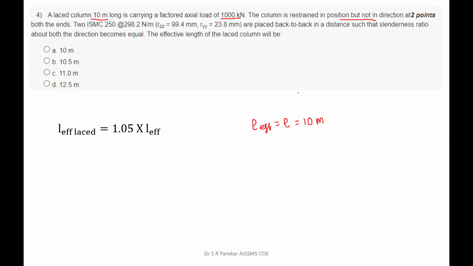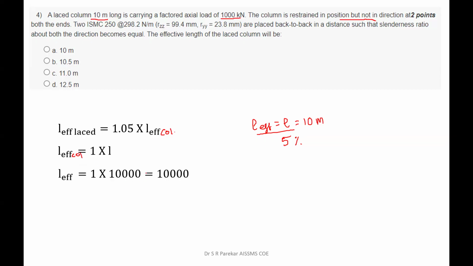So that will be 10 meters. But for laced column, we know that the value is increased by 5%, or for batten column, by 10%. So L effective laced is 1.05 times L effective of column.